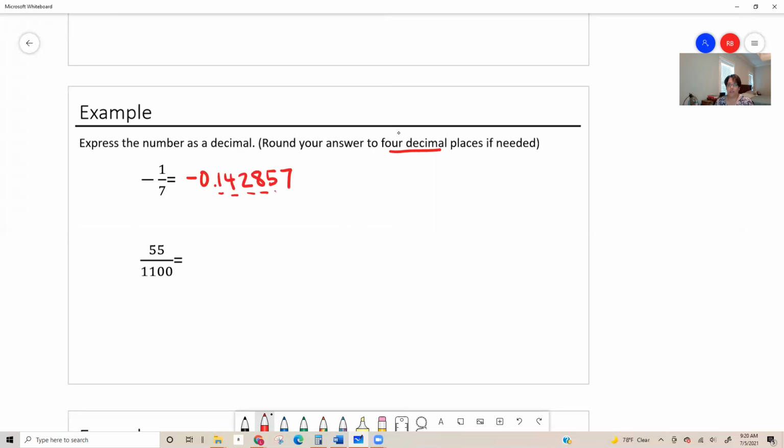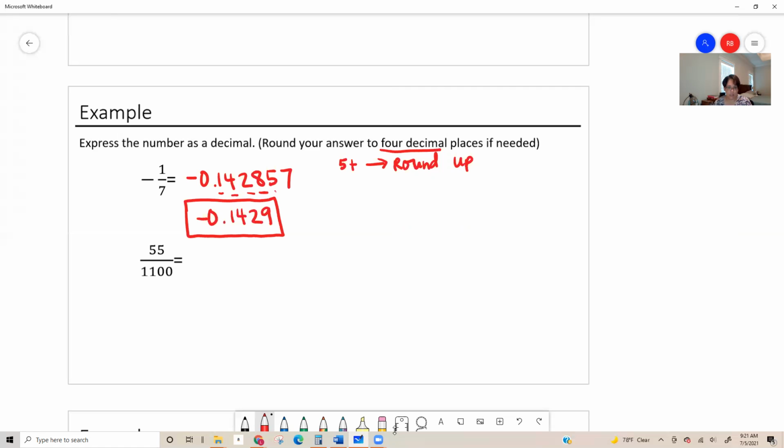If that number is 5 or higher, then you round up. Okay, 4 and below, it stays the same. All right, so that means that this 8 is now going to turn into a 9. So it's negative 0.1429. So that would be what you enter into WebAssign, because they wanted you to do 4 decimal places.